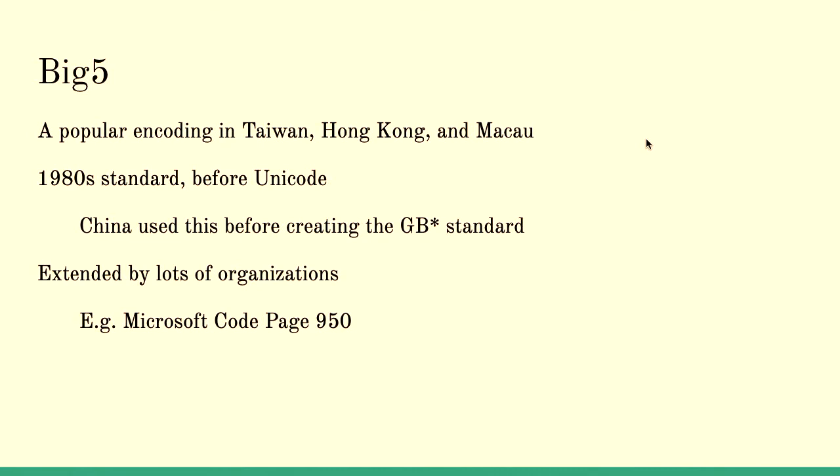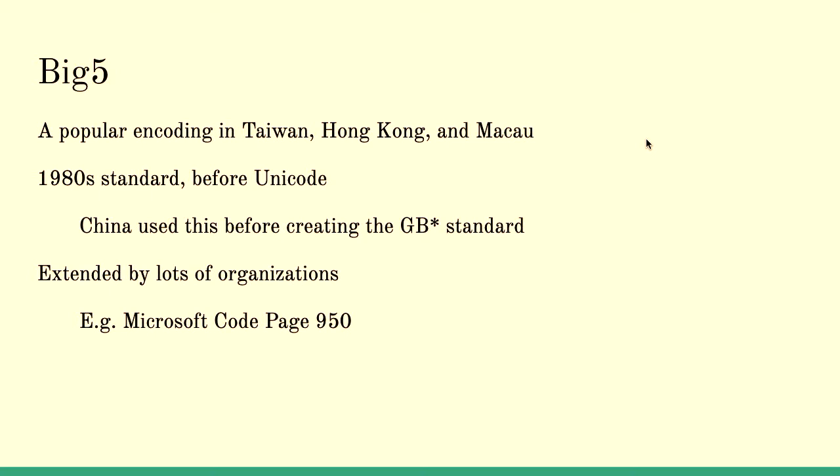This is another encoding, Big5, which is popular in Taiwan, Hong Kong, and Macau. It was created in the 1980s, before Unicode was implemented everywhere.